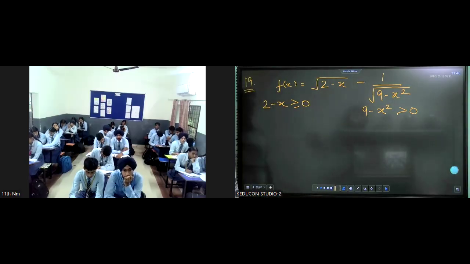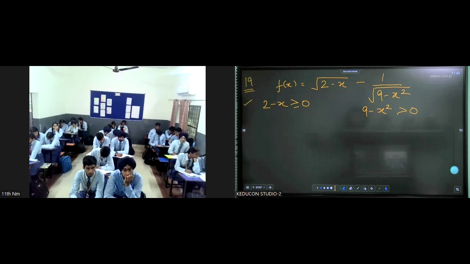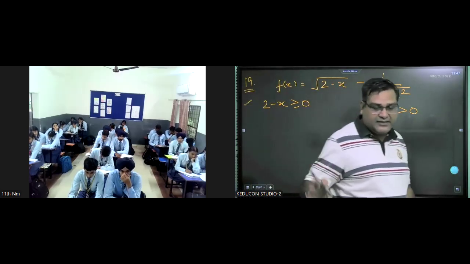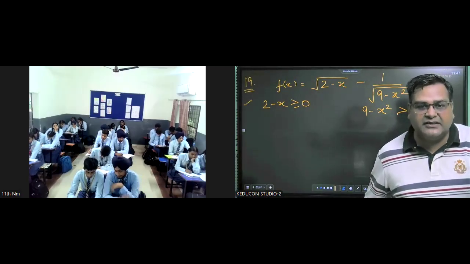Yes, students. What will be the solution of this inequality? Tell me, students. मुझे सॉल्व करनी आती है ये लीनियर इनइक्वेशंस, तो आपको this you have done in your 5th chapter.